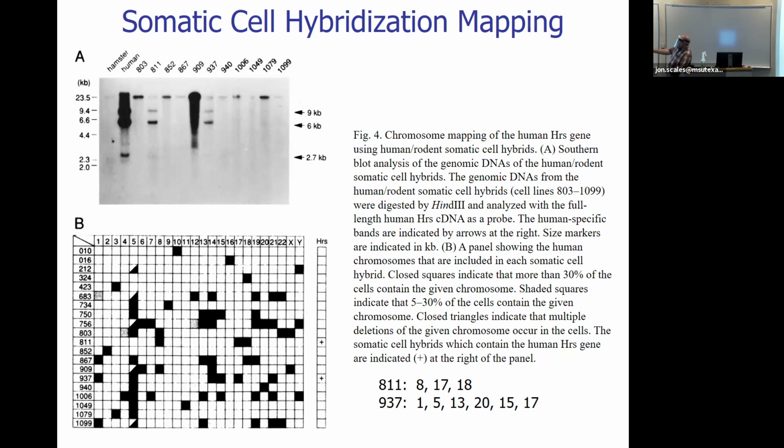So in their signal here, they found it in 811 and they found it in 937. They're looking for this dark fragment right here of DNA. So what do those cells have? 811 has these 3 chromosomes. 937 has those 6 chromosomes. So which chromosome is it on? It's present in both.